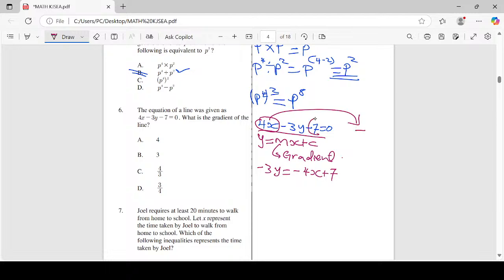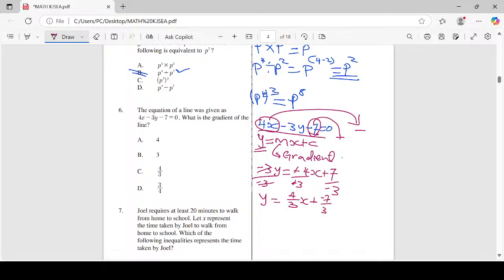This one here is negative, on crossing here it will become positive. So once I have it like that, I only need to remain with y on this side. To remain with y, I'm going to divide each term by negative 3. This one and this one cancel. I'm going to have y equals negative and negative cancel, so that will be 4 over 3 x plus negative 7 over 3.